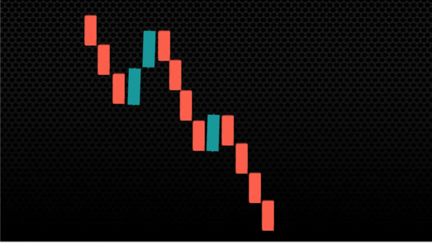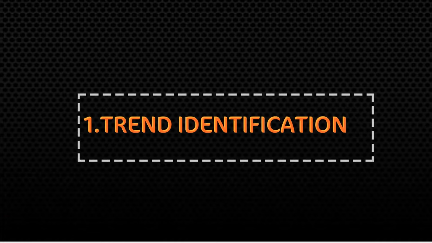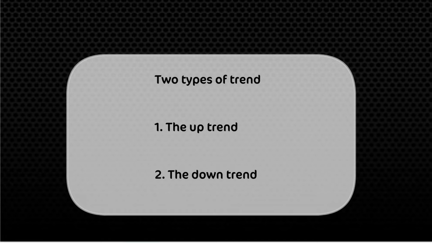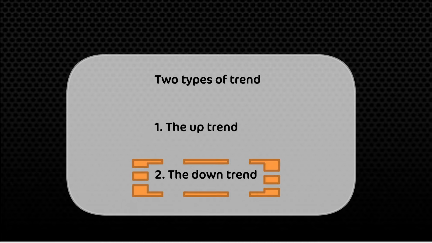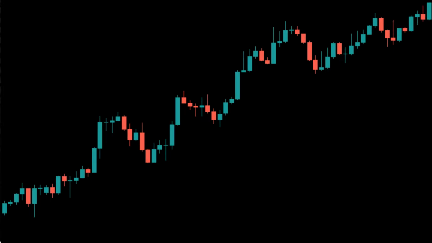So, let's move to the trend identification now. Now we know that we have 2 different types of trend, which are the uptrending market and the downtrending market. The next thing is to know how to identify them in the chart. We are going to start with an uptrending market.